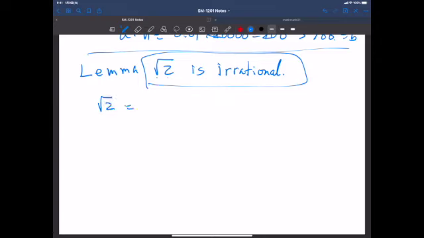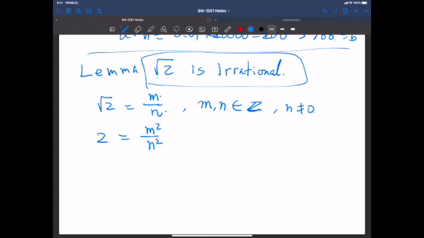If it's a rational number, then it can be expressed as a ratio of integers m over n, where m and n are integers, and n is not 0, right? And for simplicity, we assume that m and n have no common divisor. Okay, so it is already reduced. Then, if we square both sides, we have 2 is equal to m squared over n squared.